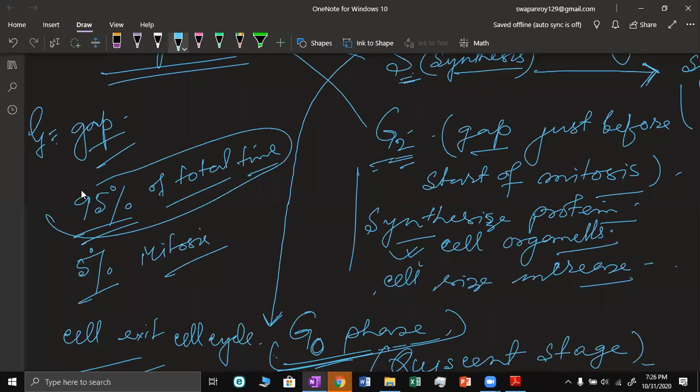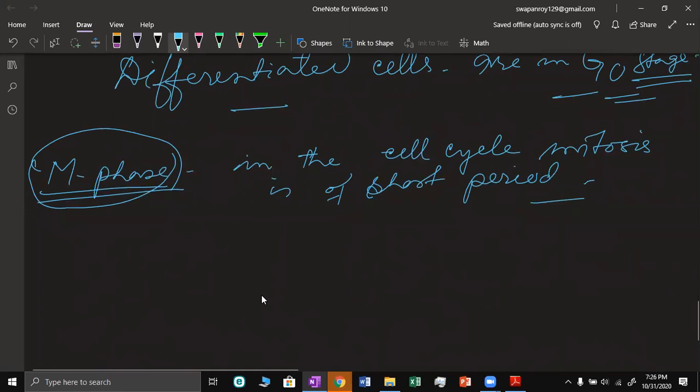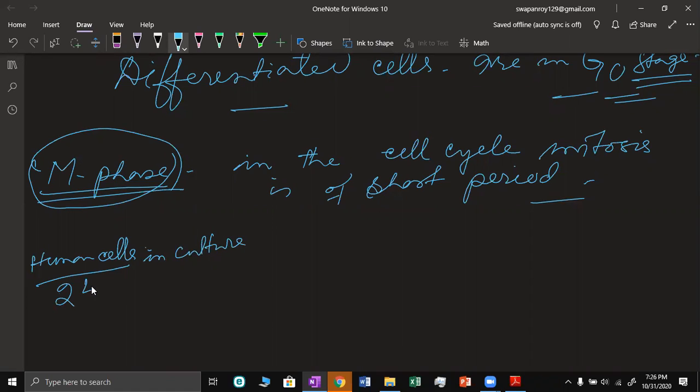So interphase is a long time, and in different species the time duration of the cell cycle is different. Say like human cells in culture take about 24 hours for completing a cell cycle.